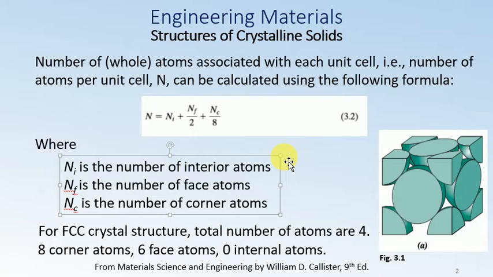I repeat, there are 8 corners, each with an atom, but only the 8th part of each atom is present in this unit cell. So in a whole, one complete atom is made up by all these 8 corner atoms.